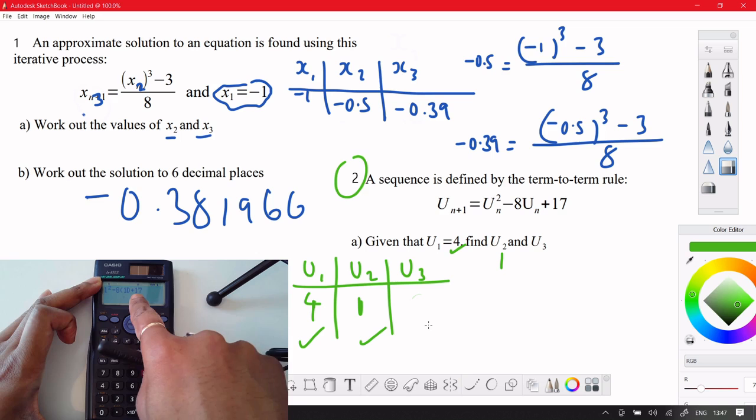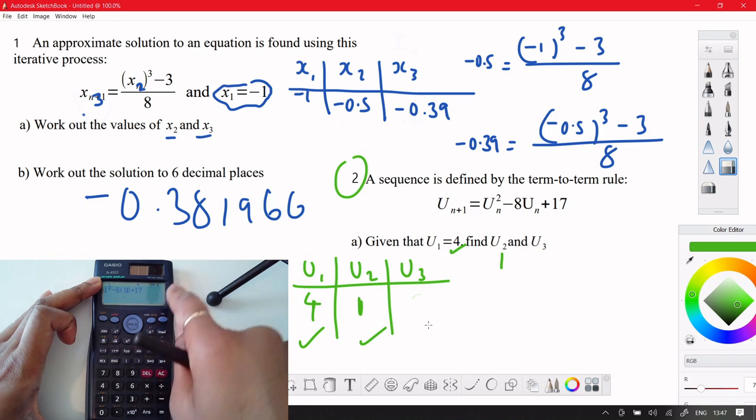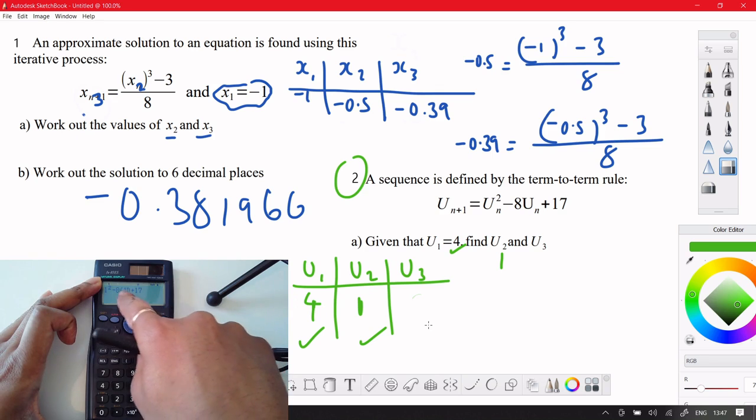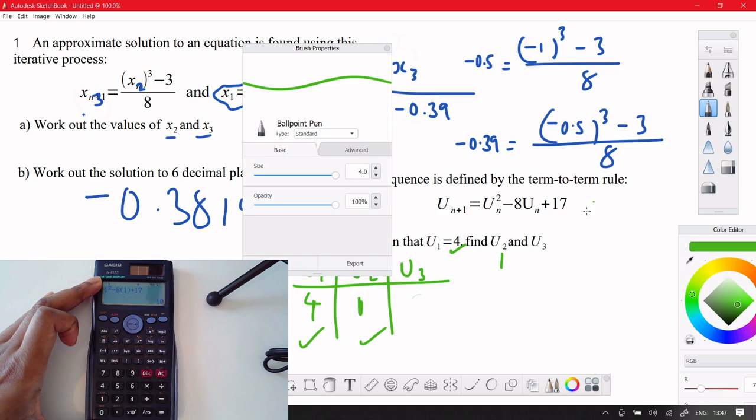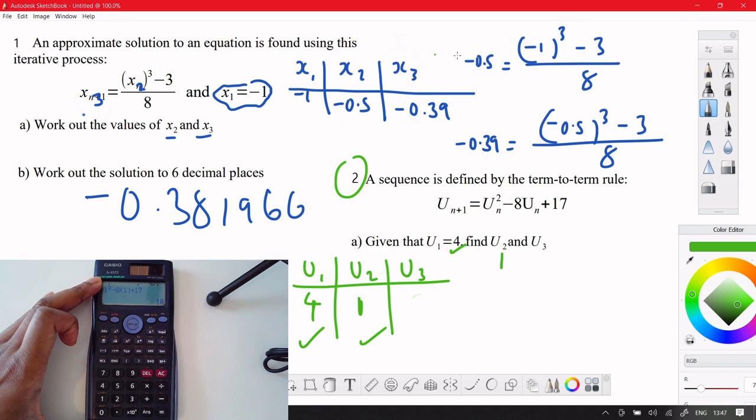Remember, if you're going to work out the fourth one, fifth, sixth, seventh, eighth, ninth, and so on, it's a good idea to replace it with A and S at this stage. Right, that gives me 10. So the third one is 10. Right, that's all that's required for this question.